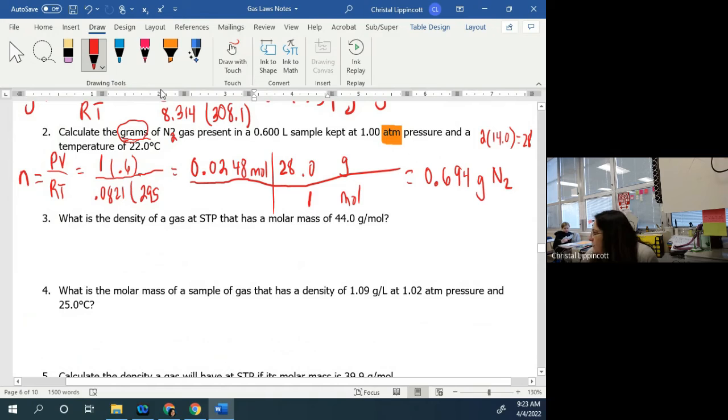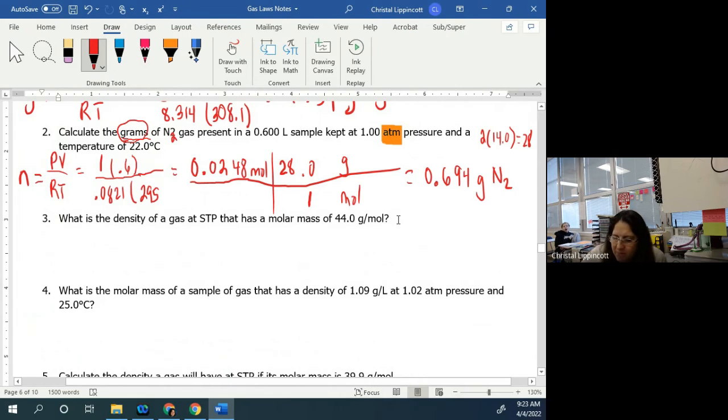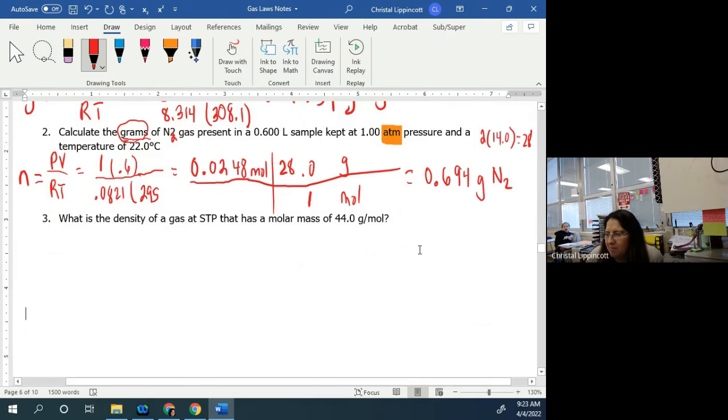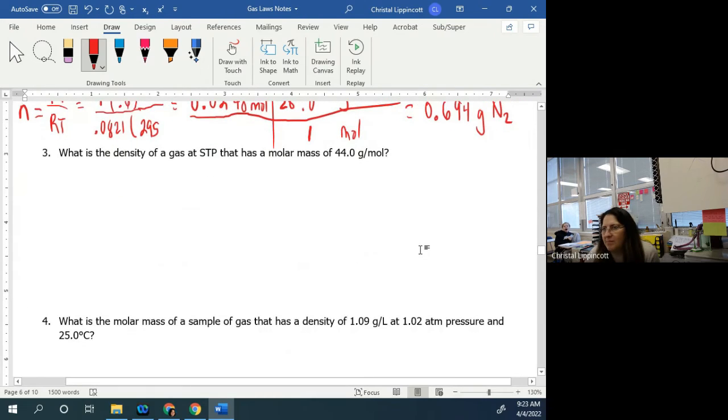All right, you ready for some fun algebra? So we've got density here, but we haven't talked about density in this section, and I haven't given you an equation for it.